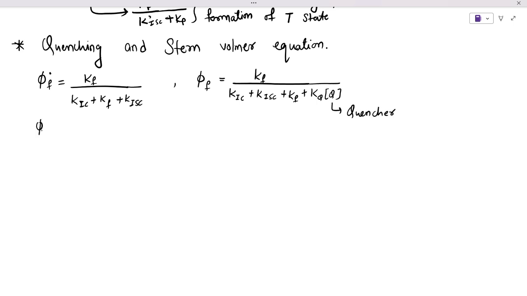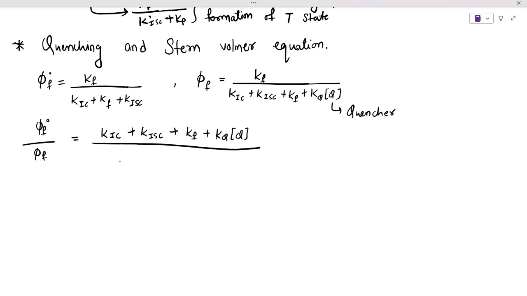If we take the ratio psi f naught by psi f, it becomes kIC plus kISC plus kf plus kq times quencher, divided by kIC plus kISC plus kf.